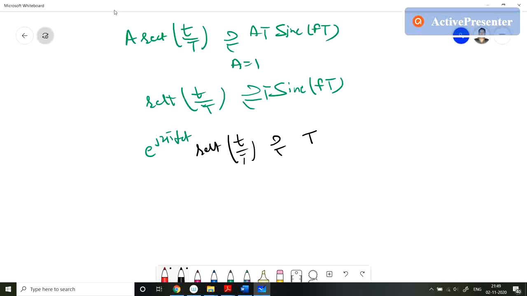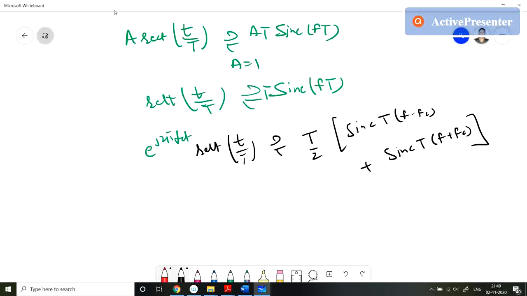It is very simple. So with the half factor, it is equal to T by 2 sinc T f minus fc plus sinc T f plus fc. So we are getting this type of signal.